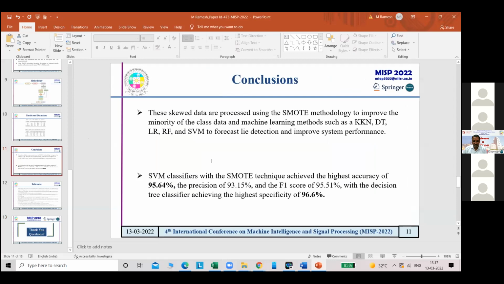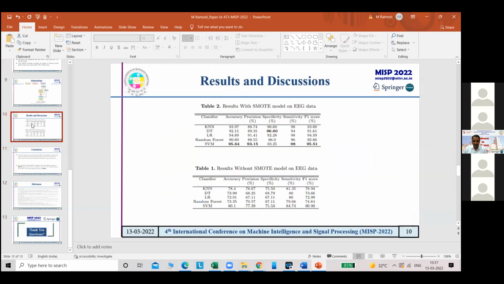So when you have the highest accuracy of 95.64 percent, have you in any of the slides tried to calculate the relative accuracy, how much accuracy increase there has been with respect to the state of the art on this particular data set? Here you have compared with different classifiers.